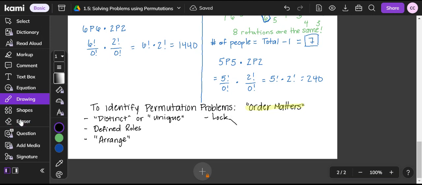Anytime we're talking about locks, passcodes, combinations, any sort of passkey, this is also a scenario when order matters, and you'll be using a permutation. Anytime we're talking about seating, this is a type of arrangement. And so usually it'll say seating or seating arrangement. In that case, we're talking about a permutation.